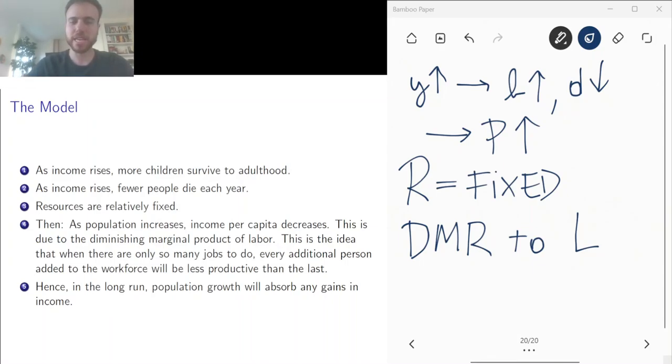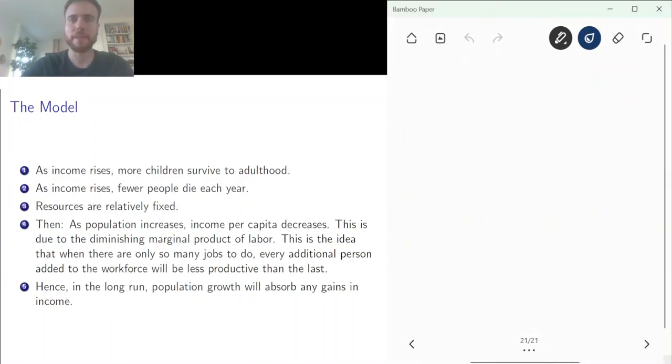The basic message of the Malthusian model is that in the long run, every additional positive shock on income will be absorbed by population growth. How does it work? Income per capita increases, then there is a population increase.